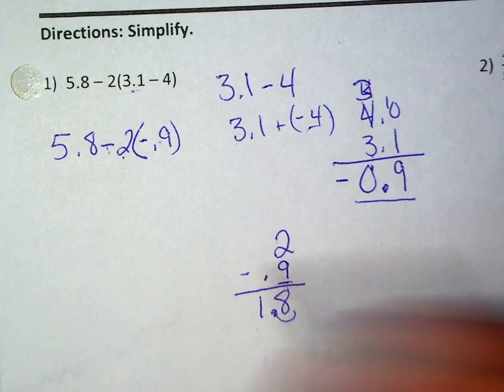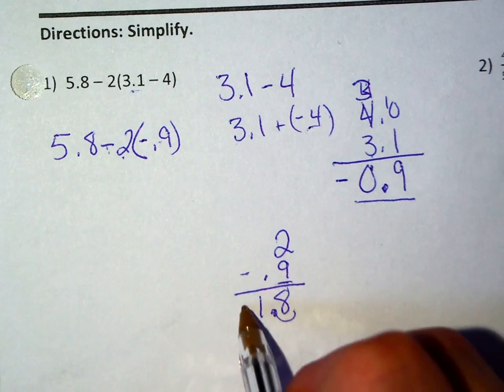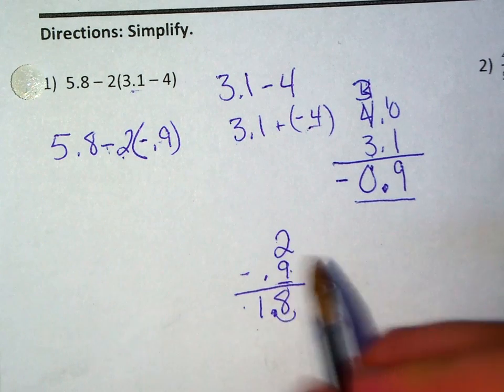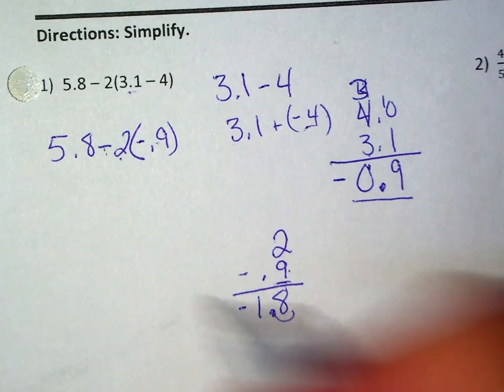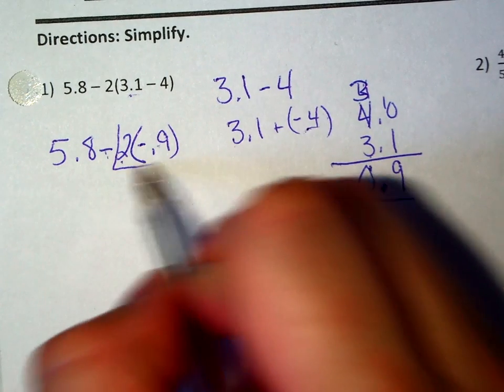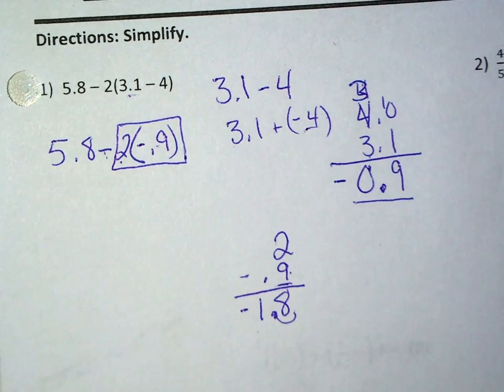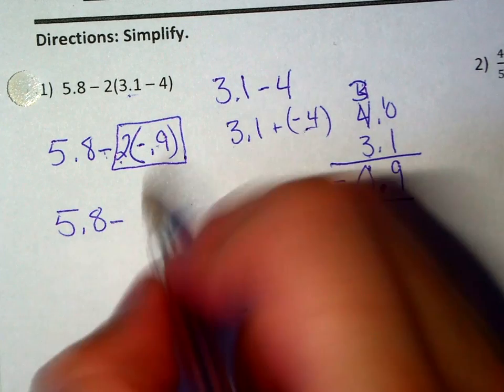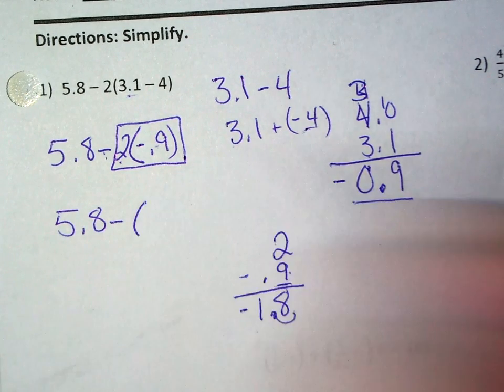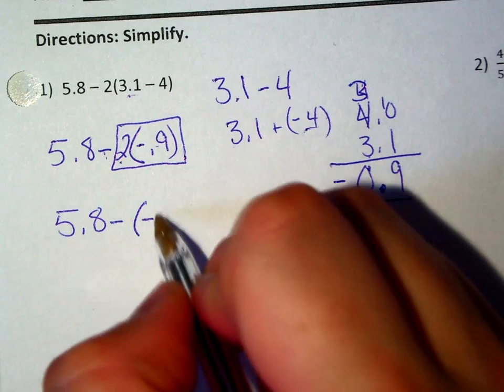And we multiplied by negative 0.9, so our solution when we multiply a positive times a negative is still negative. And so I need to plug this in exactly where I took it out. I took it out of this section right there. So I will now have 5.8 minus, and if it helps you can put this in parentheses, negative 1.8.